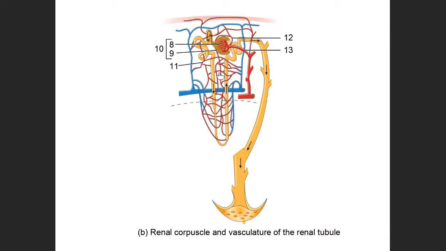In the cortex, this wrapping is called peritubular capillary with number 11. And in medulla, we call it vasa recta. Vasa recta and peritubular capillary combine together and make interlobular vein and then arcuate vein.